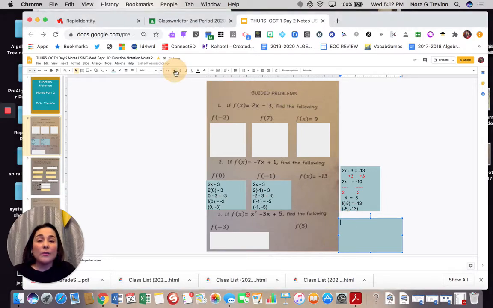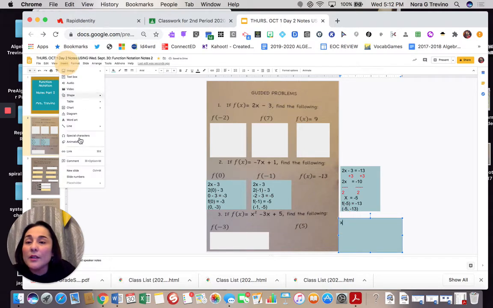Okay, so now I'm going to type my function, x squared, so I need a little squared. Let me go insert, special characters.